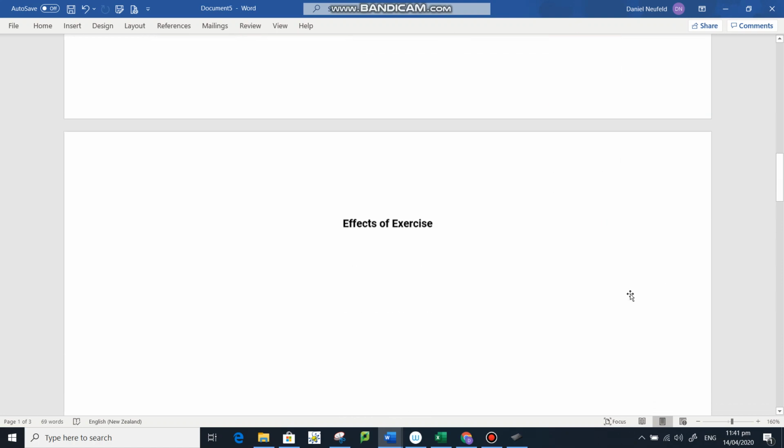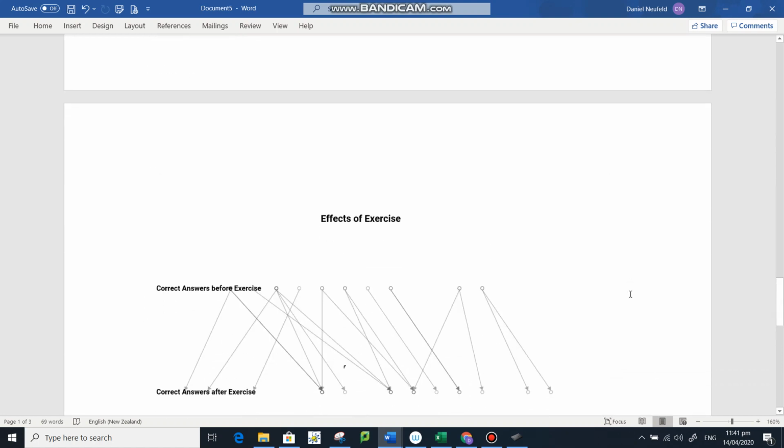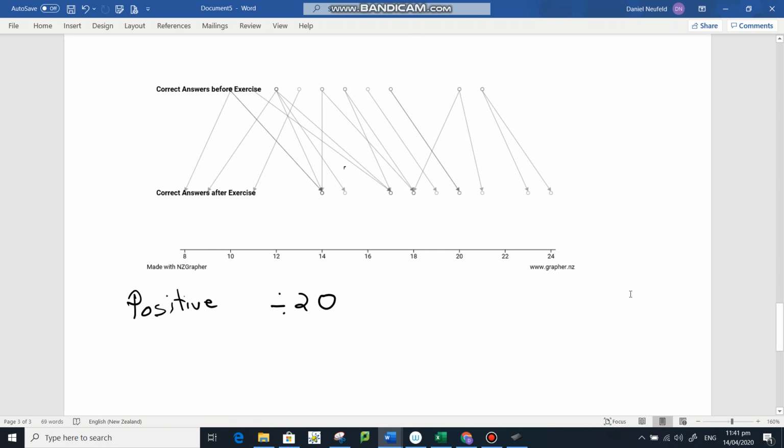When I go to calculate the percentage, again, it's going to be divided by 20 because that's how many I have in the group. So I'm looking at 15 divided by 20. Now we times by 100, but that just changes it into a percent. So 15 divided by 20 is 0.75, times 100 equals 75%. So that's our positive changes in this case.